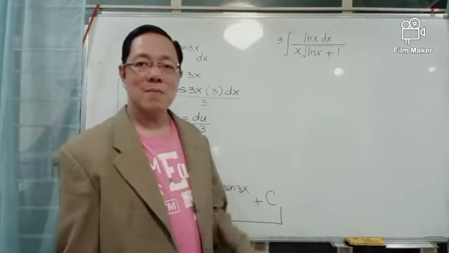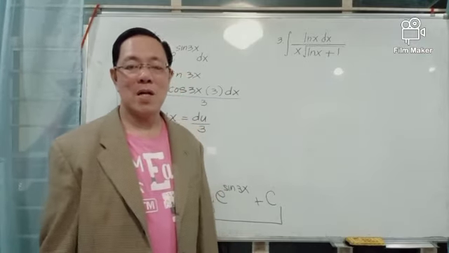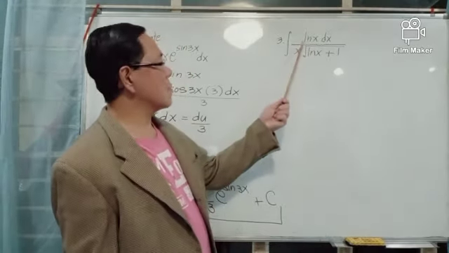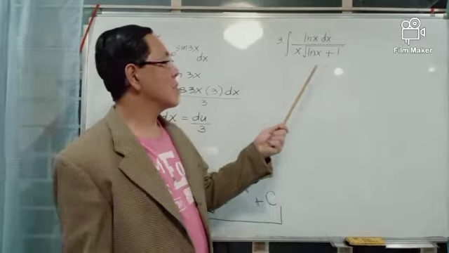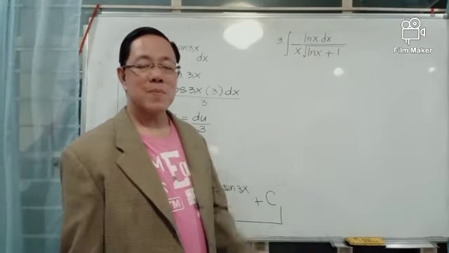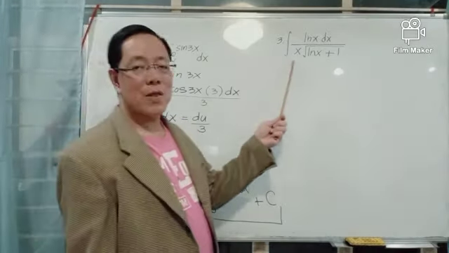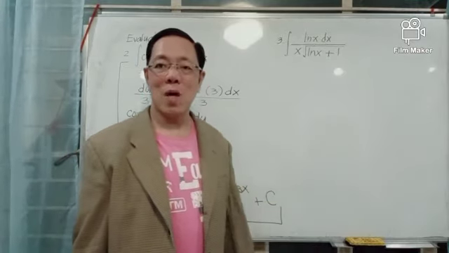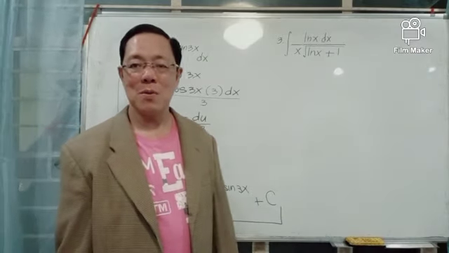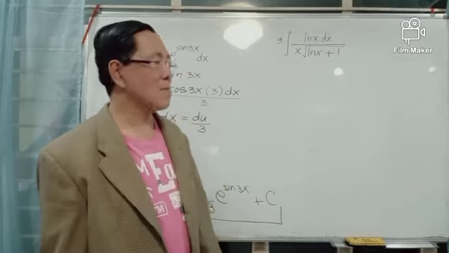And we usually let an expression be equal to u, or another variable, whose derivative is also found in the given integral. If you let u be equal to ln of x, and you are unable to simplify and transform the given integral into one that can be integrated using one or more of the integration rules, then you try to use another substitution.